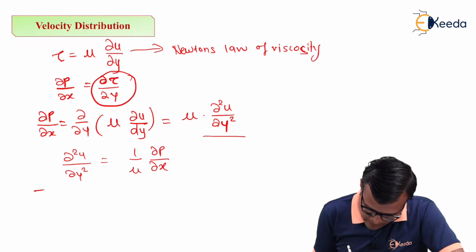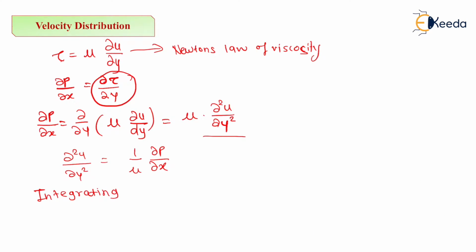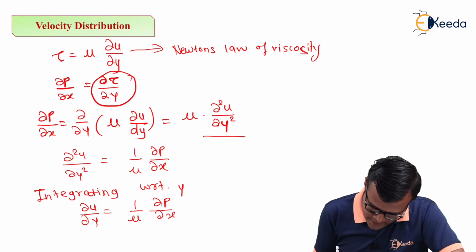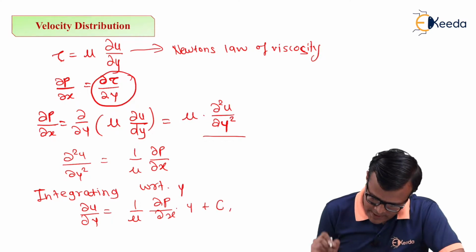So integrating with respect to y, we have delta u upon delta y is equal to 1 upon mu delta p upon delta x into y plus c1.